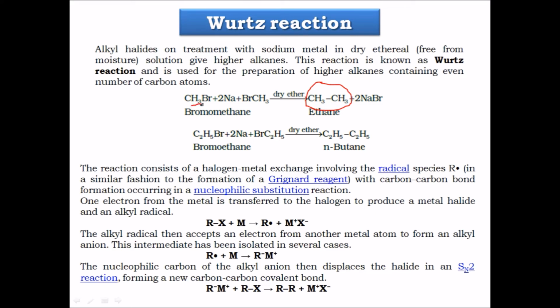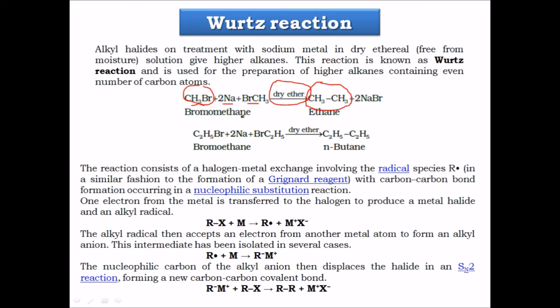Here I have 2 moles of alkyl halide, methyl bromide, reacting with sodium in the presence of the solvent dry ether, which has its importance, to form ethane. This is a method of conversion of an alkyl halide, here methyl bromide, into ethane.